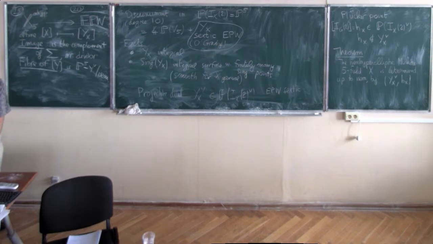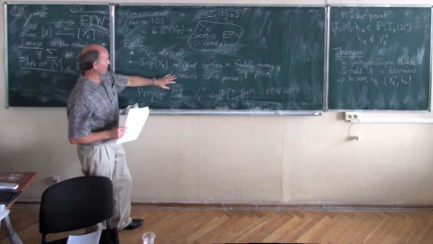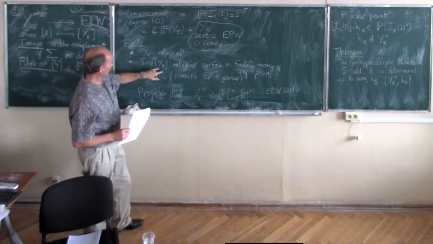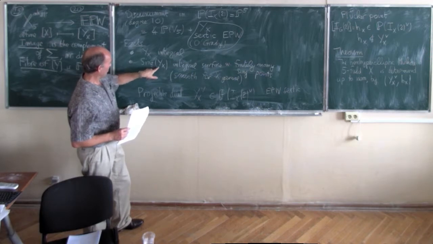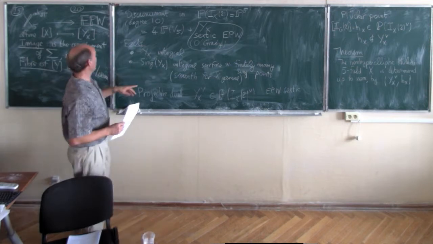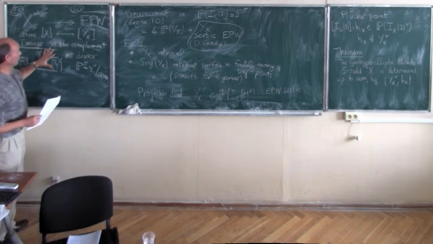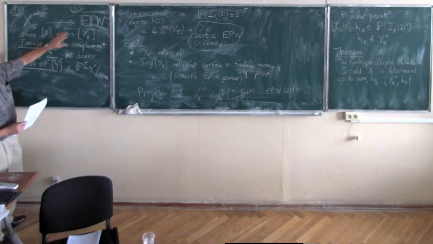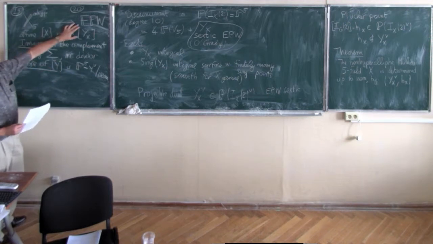With this setup, the set of points which correspond to an EPW sextic for which the singular locus of its singular locus is non-empty corresponds to another irreducible divisor in this space.